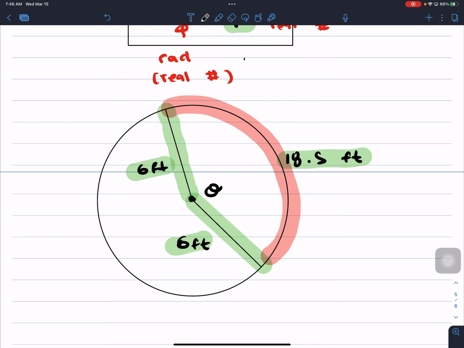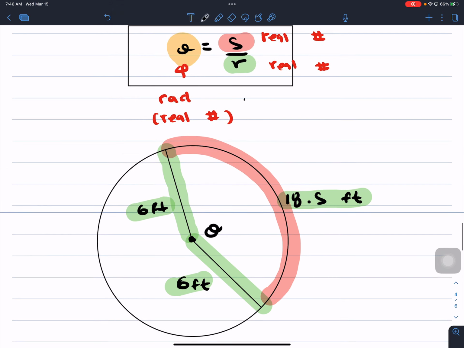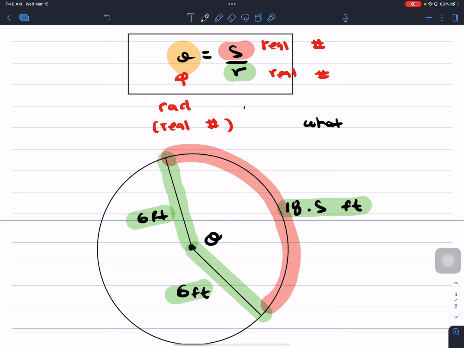What do you think they're going to ask you now, ladies and gentlemen? See the picture I just drew you? They're going to say now, what is the angle theta?